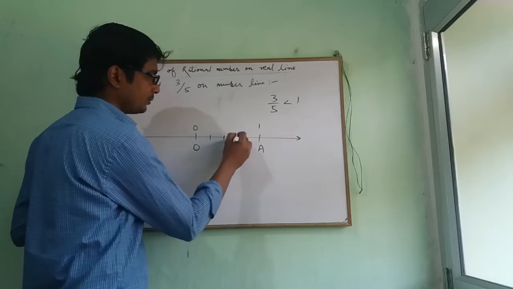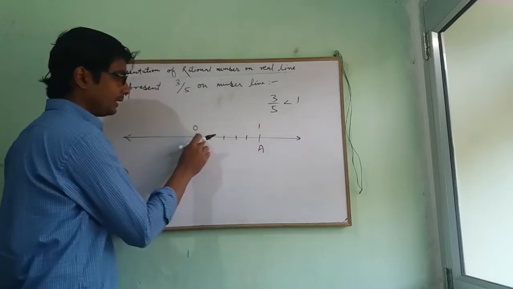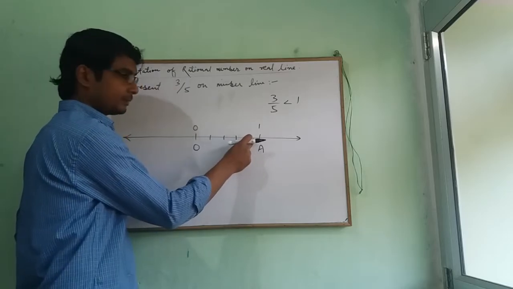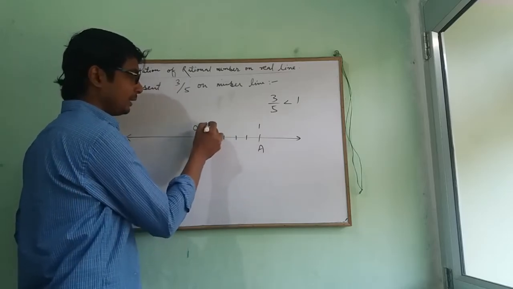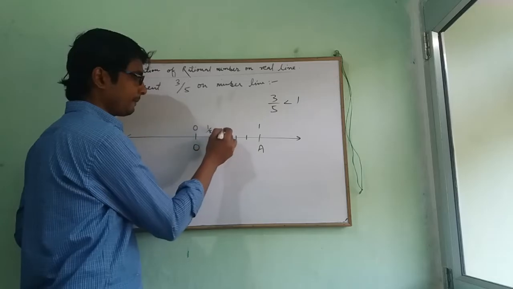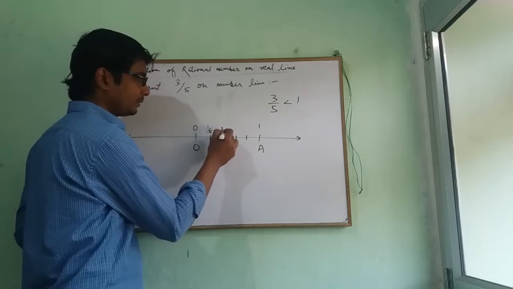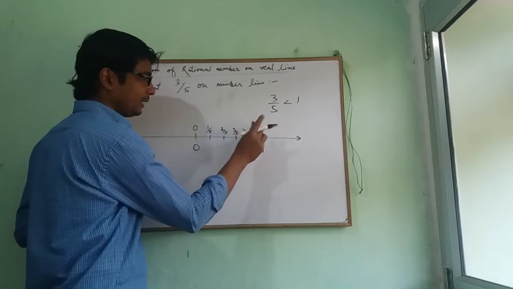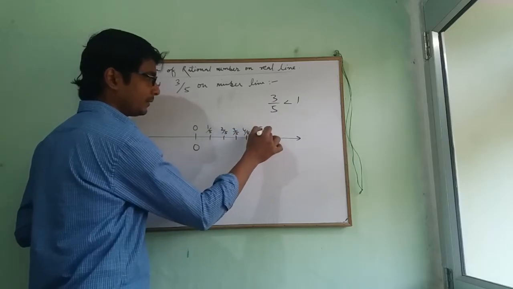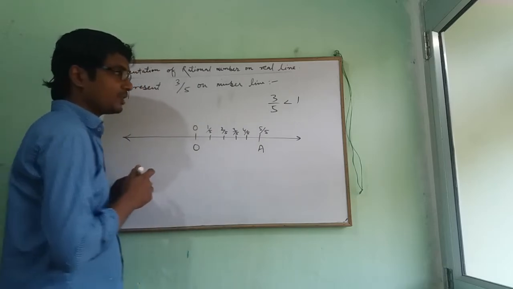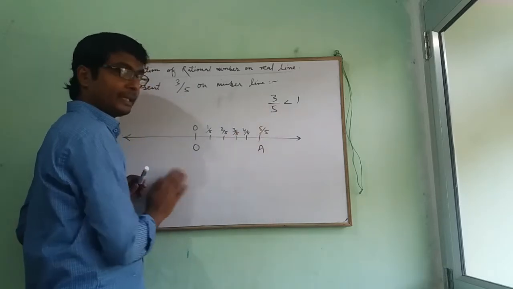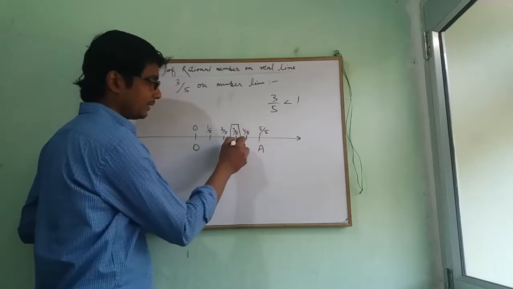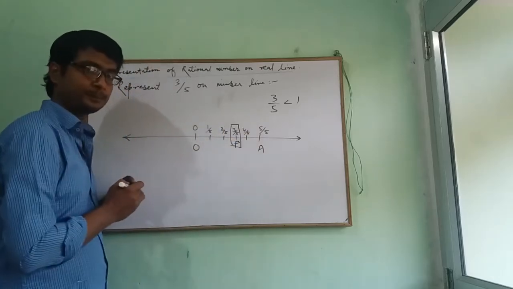So you can see here first part, second part, third part, fourth part and fifth part. So here it is 1 by 5, it is 2 by 5, it is 3 by 5, it is 4 by 5 and my last one is 5 by 5. So I have to represent 3 by 5 on my number line. So I have represented 3 by 5 on the number line. Let the point be P.